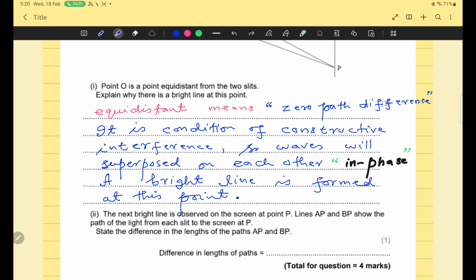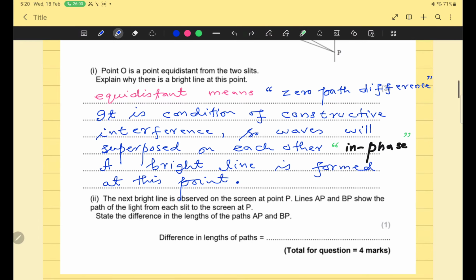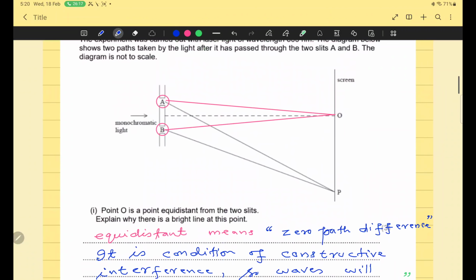But there is one more question remaining. The question is, the next bright line is observed on the screen at point P. It is the central bright line, and it is the next bright line.